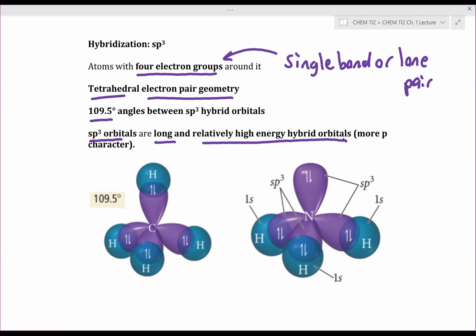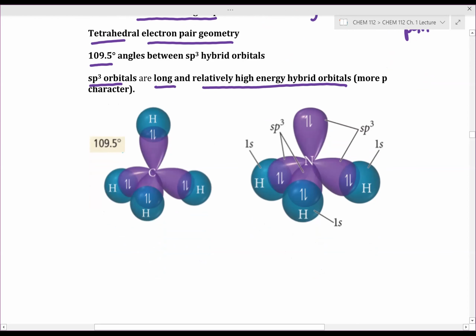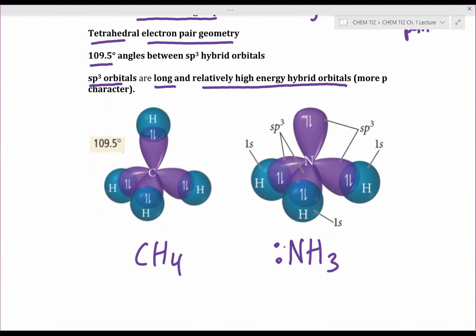Now, if we compare the structure and the orbital pictures for CH4, methane, versus ammonia, which is NH3, what do we notice that's quite special about ammonia? What is one of our hybrid orbitals being used for? What is it holding? Lone pair, exactly. So we have a lone pair in one of our hybrid orbitals.